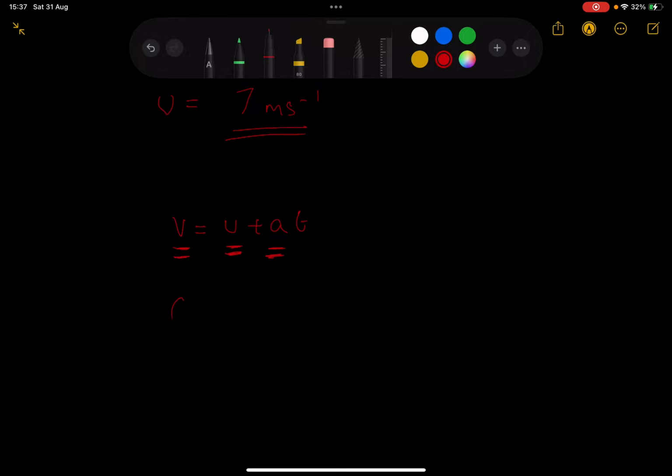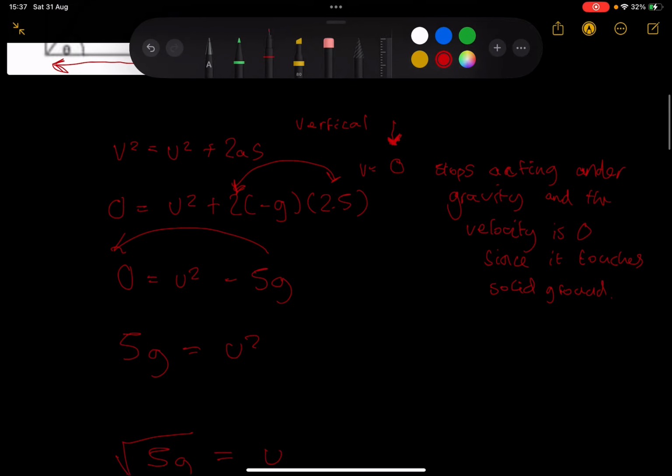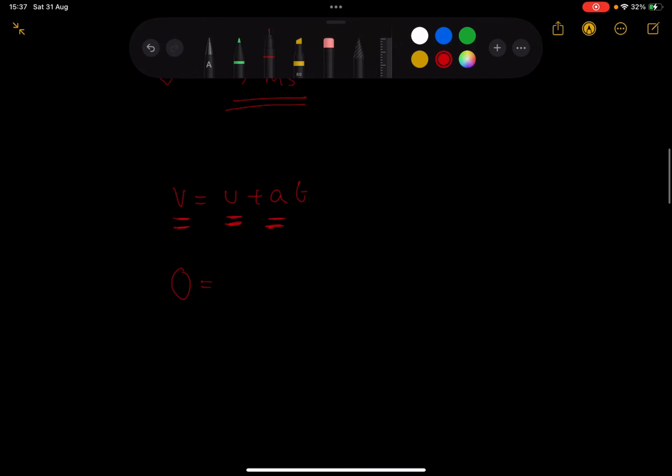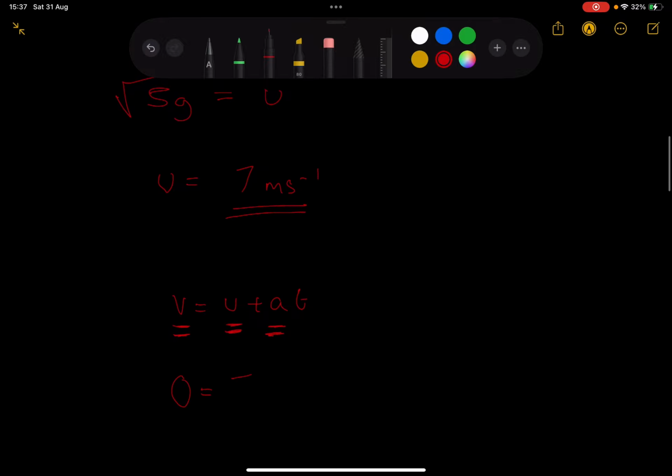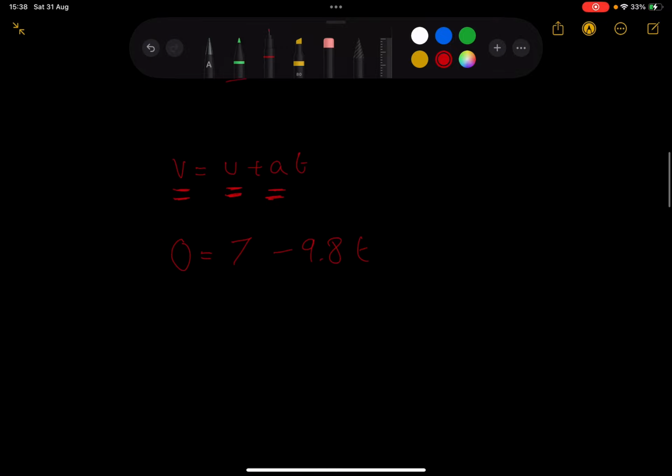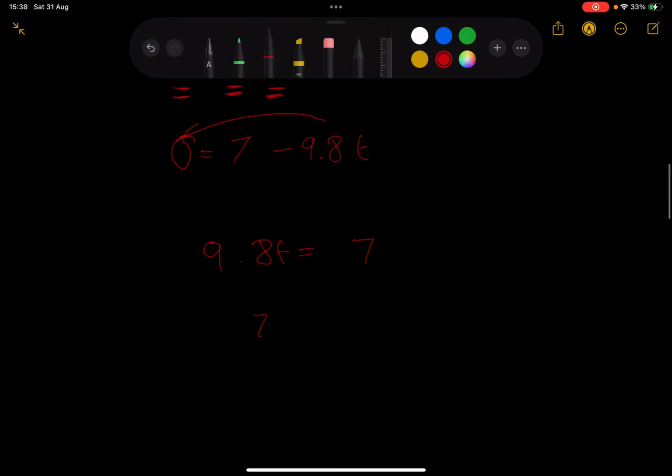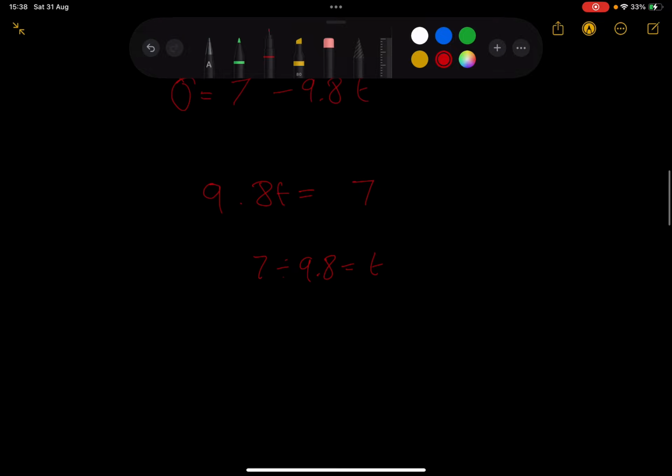So v is 0, as we stated before. And u is 7. And a is minus 9.8. Bring the minus 9.8 over to the other side. 9.8 t equals 7. 7 divided by 9.8 equals t.